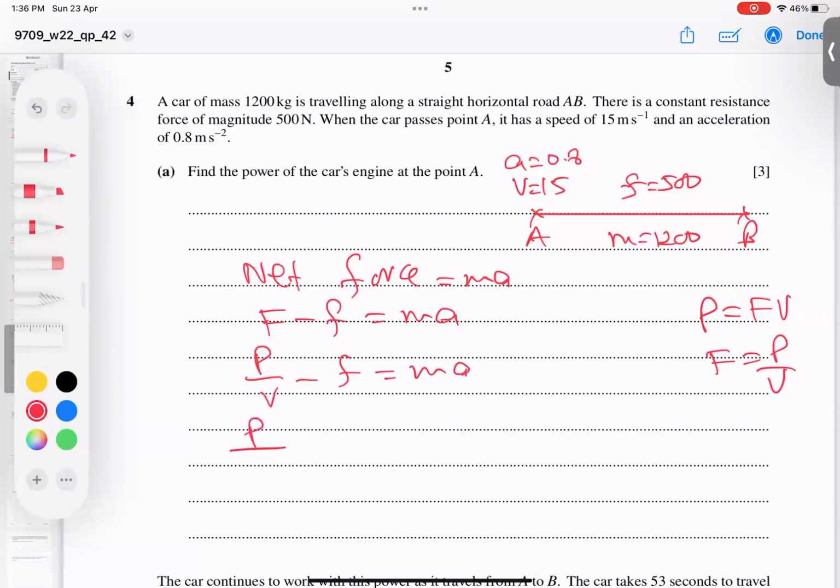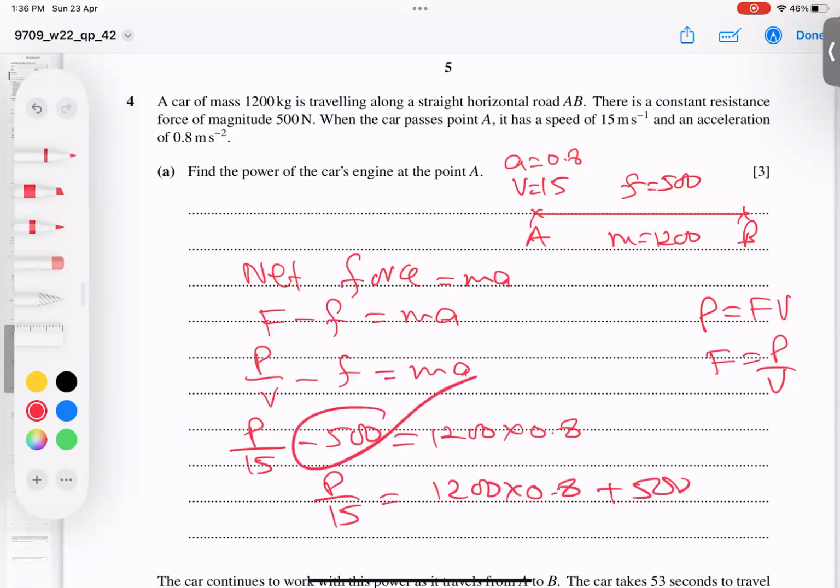Power is unknown, velocity given at A is 15. Friction force is 500, the car's mass is 1200 and acceleration is given as 0.8. So P by 15 equals 1200 times 0.8 plus 500, because it goes there.